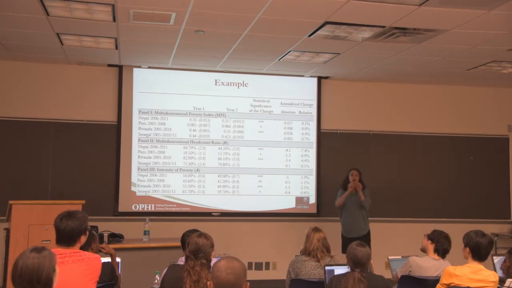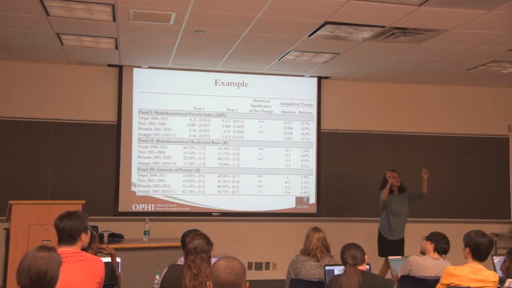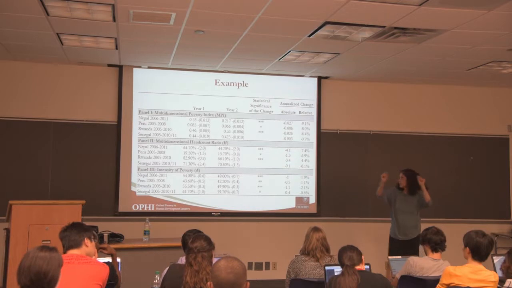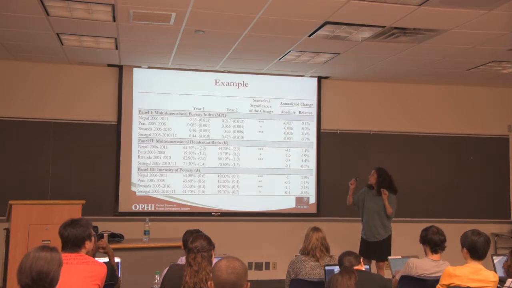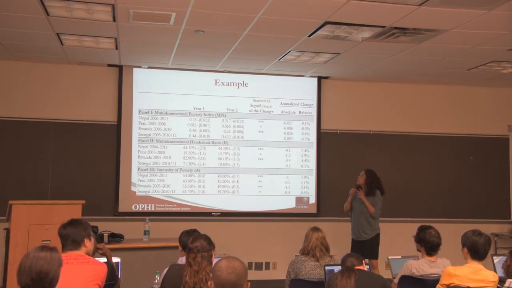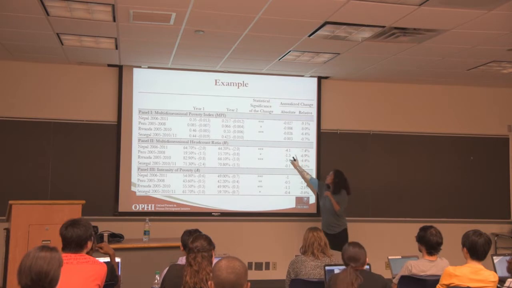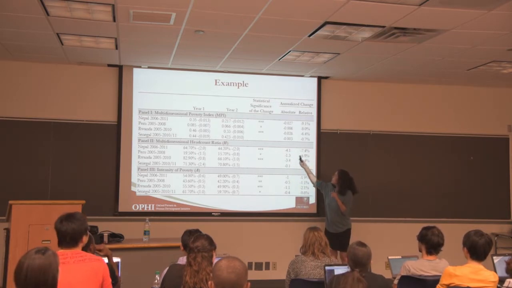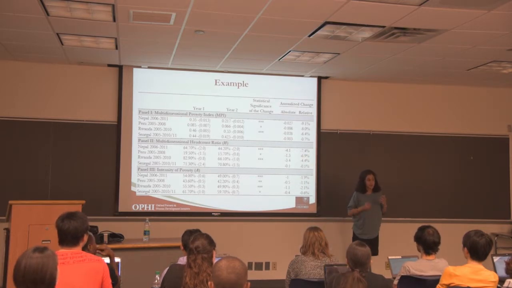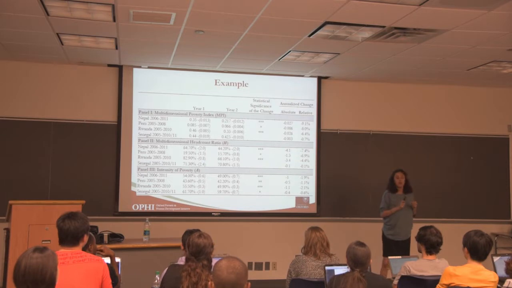In absolute terms, when we talk about the headcount ratio, it reduced from 64.7 to 44.2, which means, in annual terms, each year Nepal has reduced the incidence by 4.1 percentage points. When I talk about Peru, for instance, at minus 6.9%, it's different.